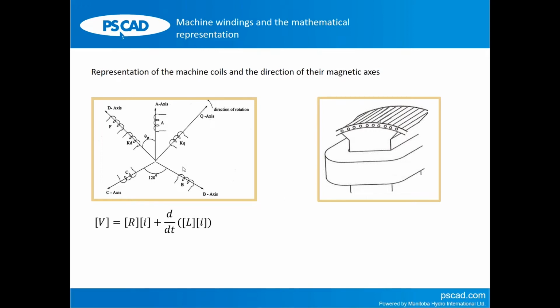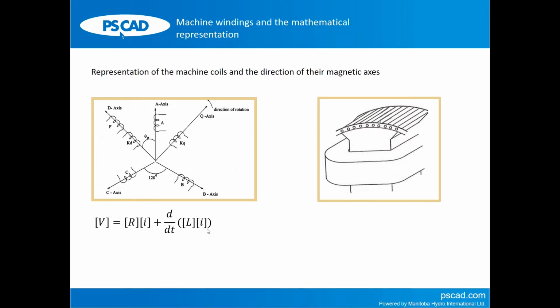In this case, you can say the voltage-current relationship between different windings can be represented by a matrix equation where R and L are termed the resistance matrix and inductance matrix, right? So this is simply V equals Ri plus d by dt of Li.